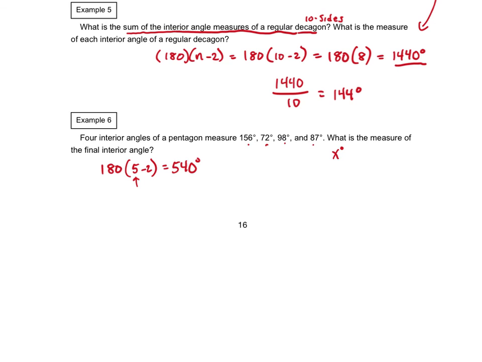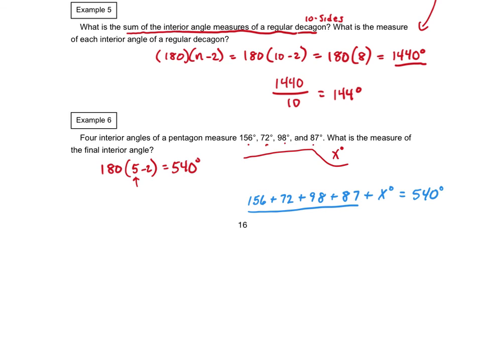So the internal angles add up to 540 degrees, and then we have 5 angles represented right here. So let's see, I have 156 plus 72 plus 98 plus 87 plus that unknown measurement is going to be equal to 540 degrees. Go ahead and combine like terms.